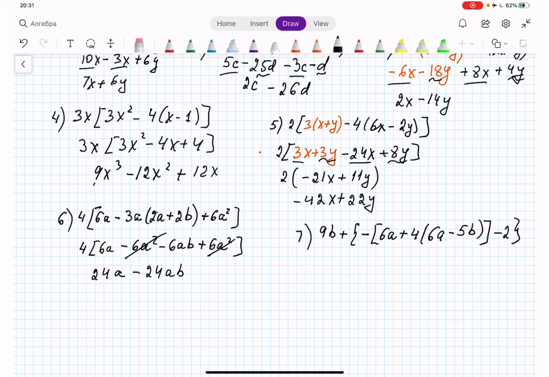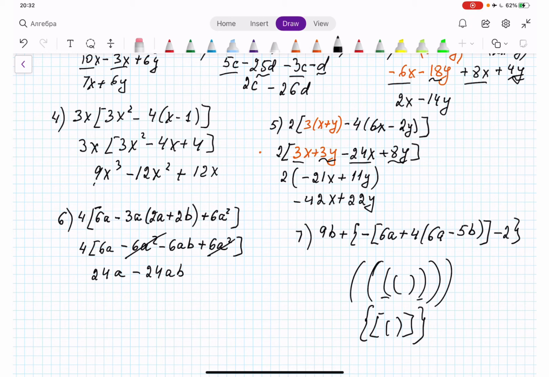Okay, let me take a minute and explain curly braces, square brackets, and parentheses. When you have several parentheses inside each other, let's say 3 and then 4, it can be very confusing. Therefore, inside the smallest one, we use parentheses. If you need another parentheses, instead of this one, we use square brackets. And then if you need one more, instead of parentheses, we use curly braces. This is just to clearly see where is the opening and where is the closing.